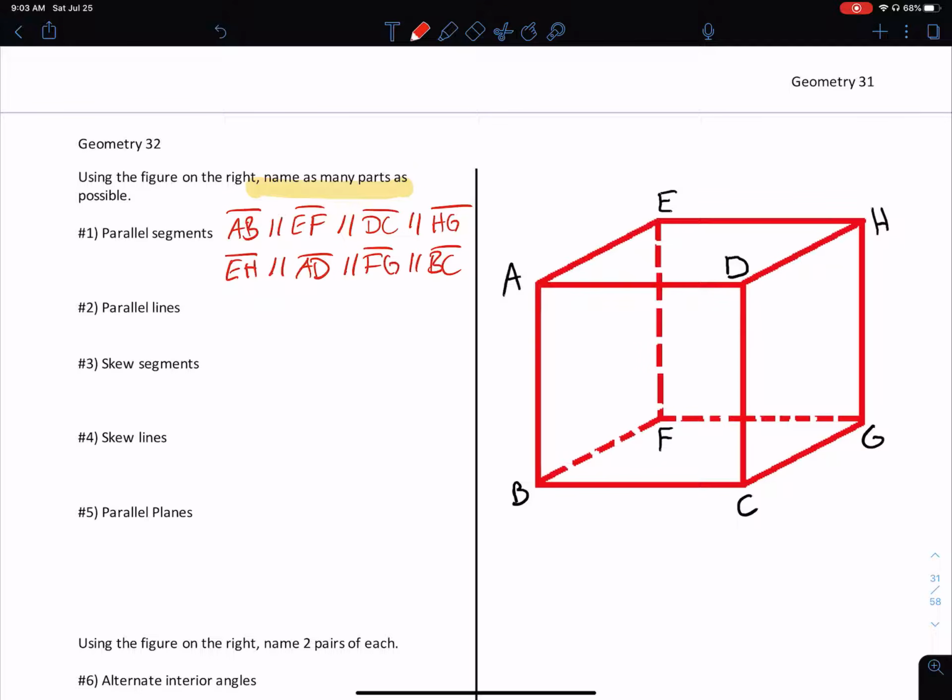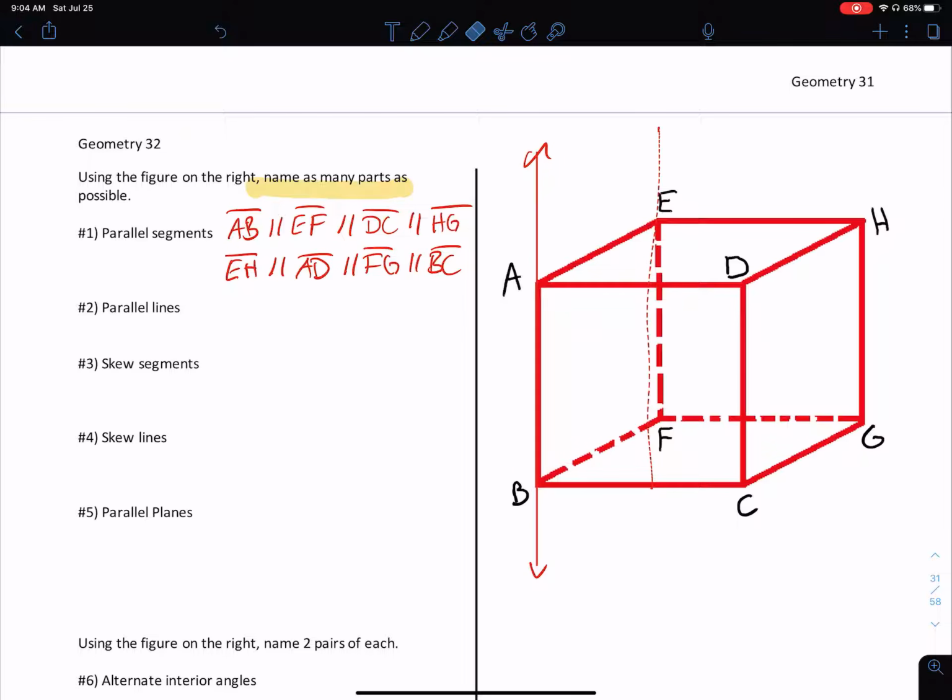Number 2 says parallel lines. Now this question's in here intentionally because students look at this and they say, well, there's no lines here. They're just segments. That's true, that there explicitly are segments, but you can take any of these segments and extend them and they become lines.